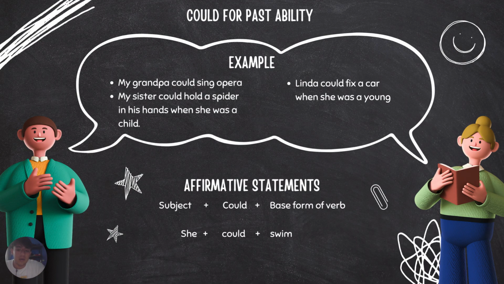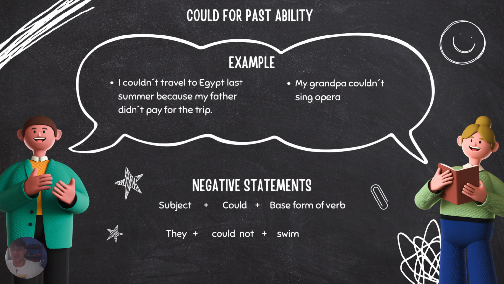To talk about abilities I had as a child, I use could. For example, my sister could hold a spider in her hand when she was a child, or Linda could fix a car when she was young. For the negative, we usually add the word not to the auxiliary verb.